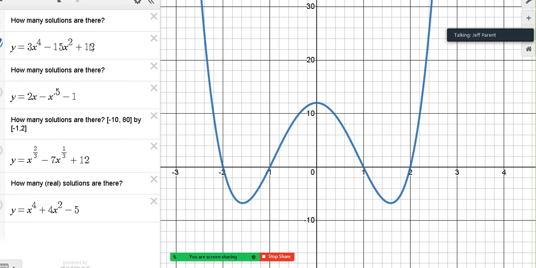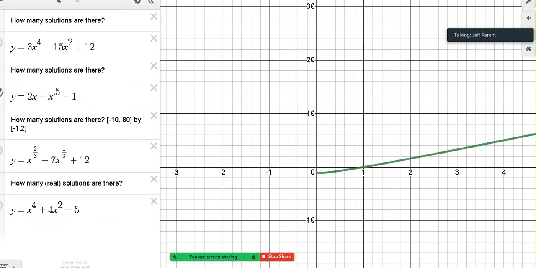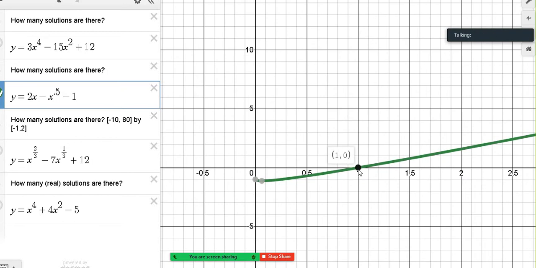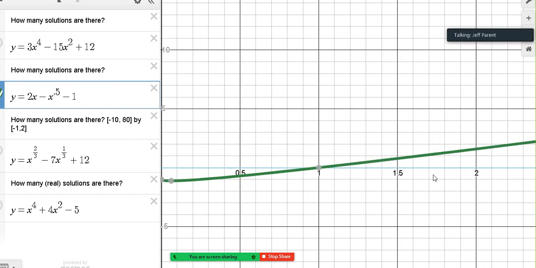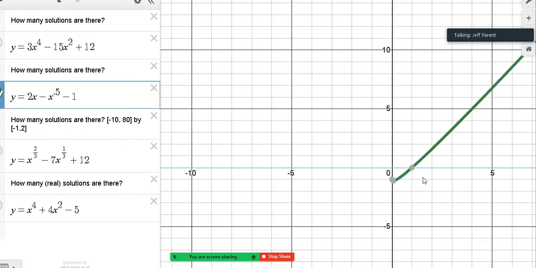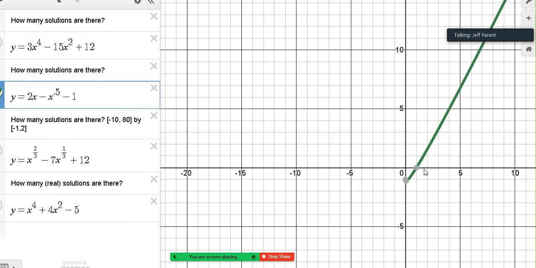Notice that the graph only crosses the x-axis at one place, and that's at 1. You can zoom out a little bit if you want and see that the graph's not coming back. It's not going to touch the x-axis anywhere else, so there's only one solution, and that's at x equals 1. So nice.